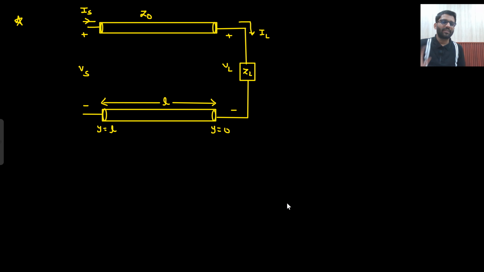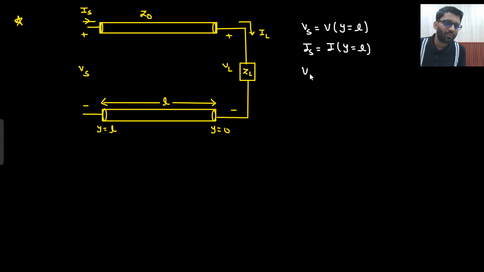So let's write down the summary. Here some Vg and Zg would be there. So from there you can find the values of Vs and Is. What is your Vs? Vs is the Vy potential only, but at y equals L. What is your Is? Is is the Iy only, but at y equals L. What is your VL? VL is the Vy potential only, but at y equals 0, because this is the end of the transmission line and we always do our calculation from the load side, right?